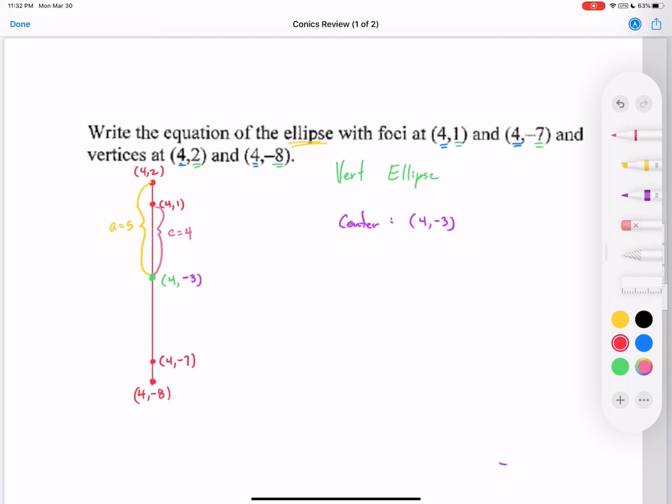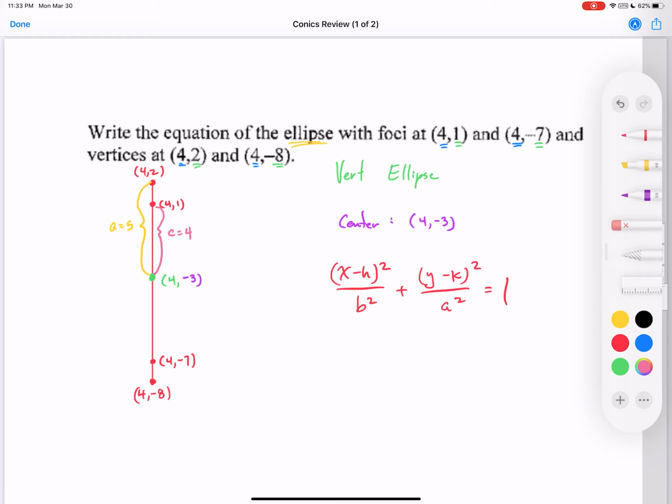Since this is a vertical ellipse, the equation should have the format (x - h) squared over b squared plus (y - k) squared over a squared, all equal to 1. So we just need to figure out what that b value is.